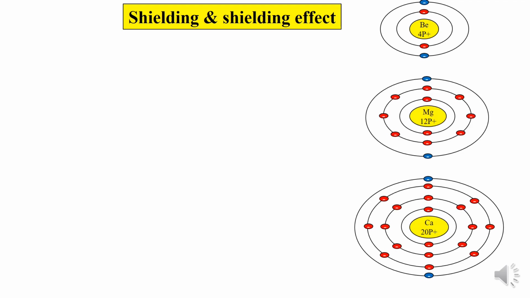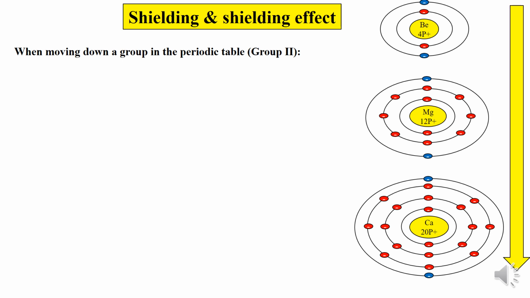Finally, let me explain the shielding and shielding effect in case of group 2 elements beryllium, magnesium, and calcium. When moving down a group in the periodic table, that is, you're talking about the group 2 elements, what do you observe?